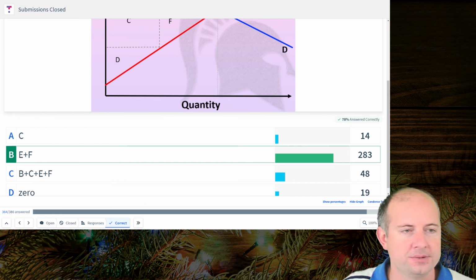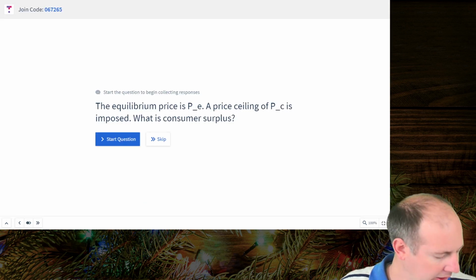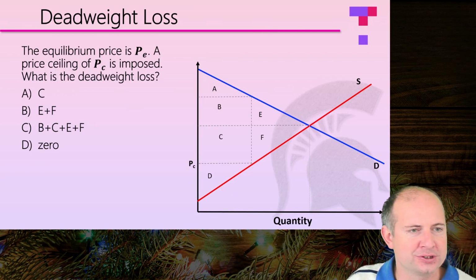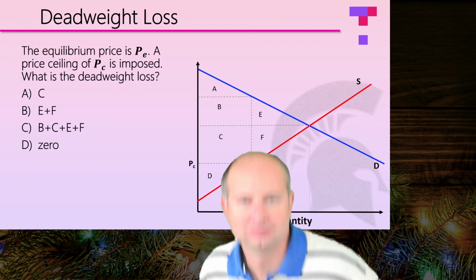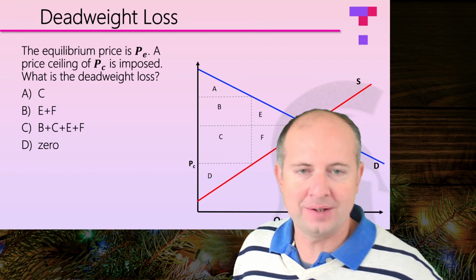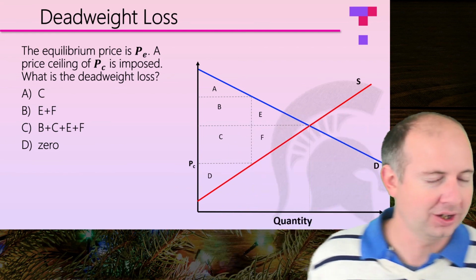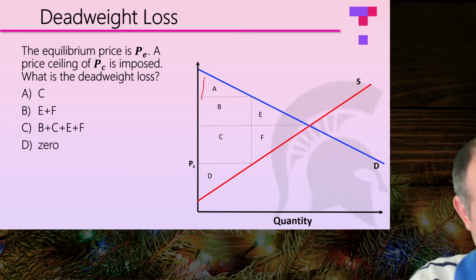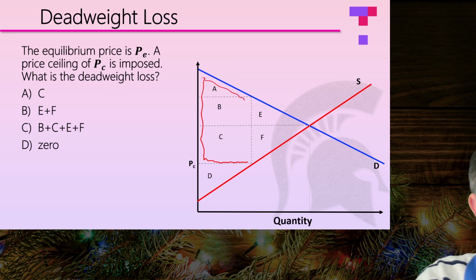Okay, so the answer here is B. It is E plus F. We did this one, which was the one that summarized producer plus consumer surplus, comparing that with equilibrium. Just to remind us, the price ceiling is PC.